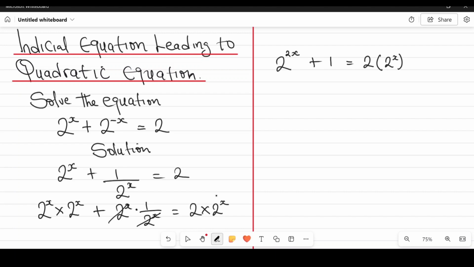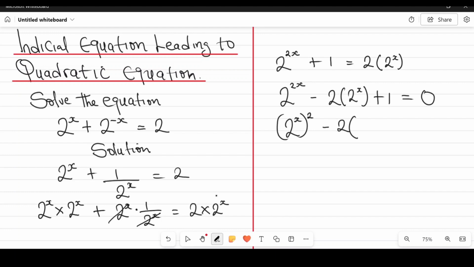So we write 2 to the power of 2x minus 2 multiplied by 2 to the power of x plus 1 equal to 0. Now we have a quadratic equation. This can also be written as 2 to the power of x, all squared, minus 2 times 2 to the power of x, plus 1 equal to 0.